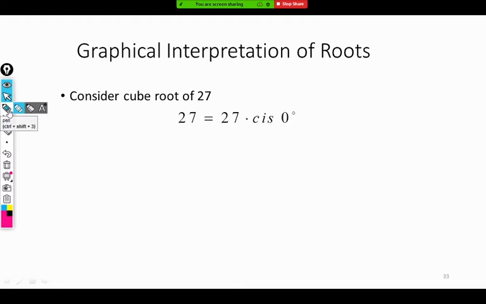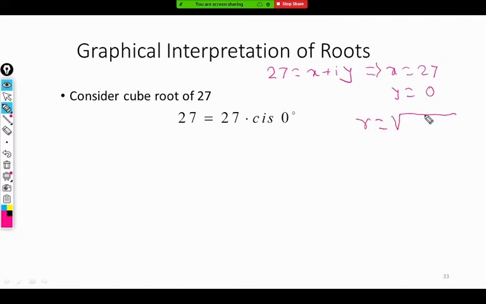So if we see this question, find a cube root of 27. Step number one, this is the real Cartesian form. We are going to convert it into the polar form. If we compare this number 27 with x plus iy, we get the value of x as 27, y as 0. So what about r? r is the root of x square plus y square, and that will come to 27 again.